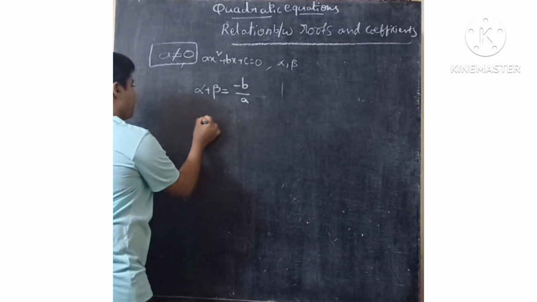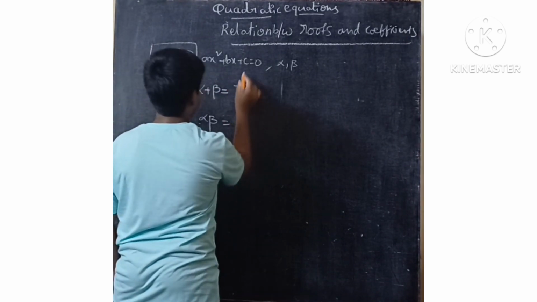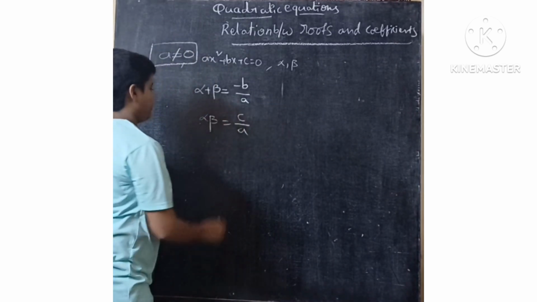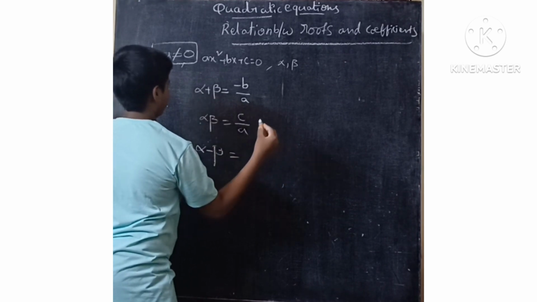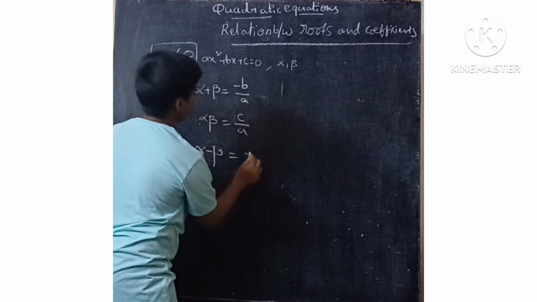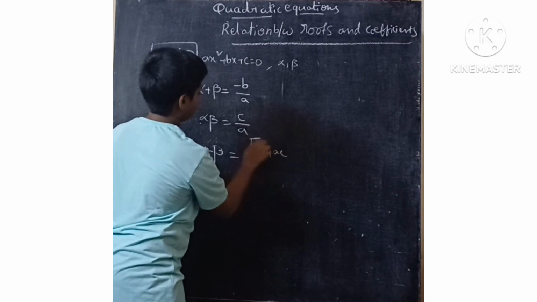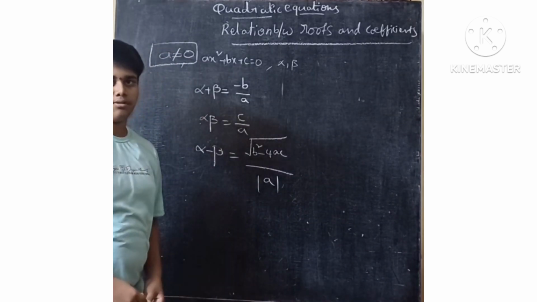Okay, and the product of roots. Product of roots is c by a. Okay, and the subtraction of roots, which means root of b square minus 4ac by mod a. We should take only positive value.